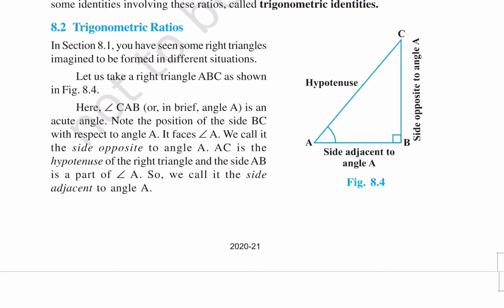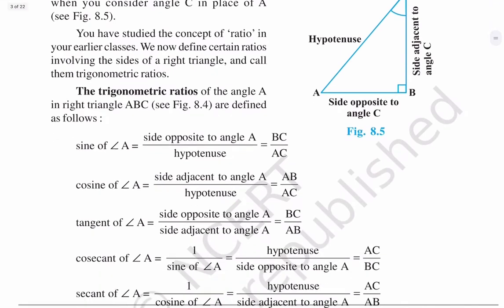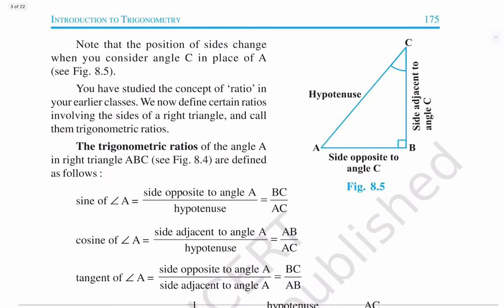Let us imagine ABC is a right angle triangle and this angle is A. So here, the side adjacent to angle A is also called the base, and the side opposite to angle A is also called the normal or perpendicular, and this is the hypotenuse. So this is the triangle.